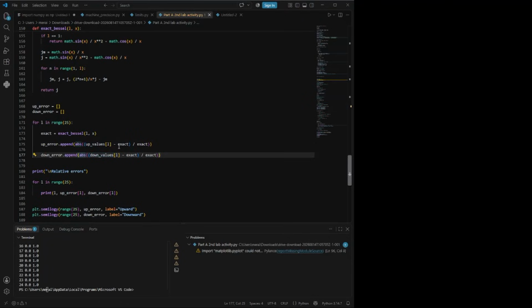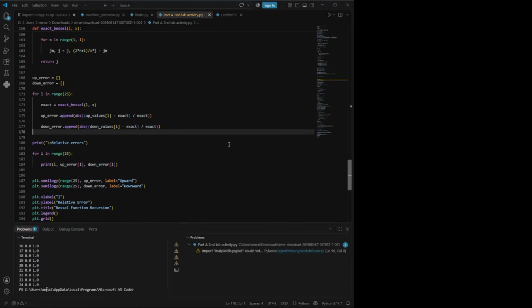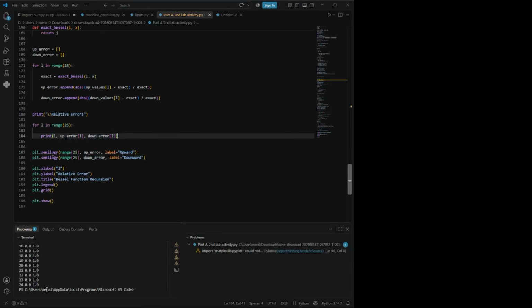We use the absolute difference between the calculated value and the reference value, divided by the absolute value of the reference value. Now, I plot the error against L. Then I use a semi-log scale because the error can change by a very large amount.